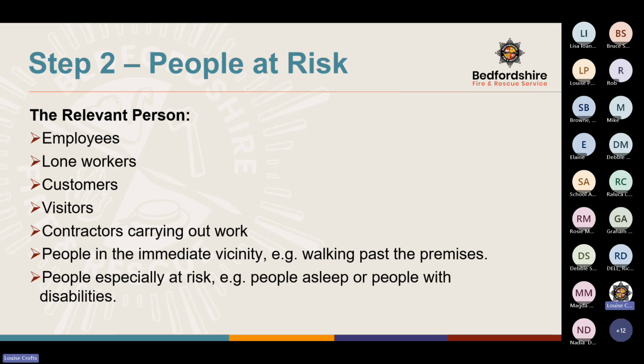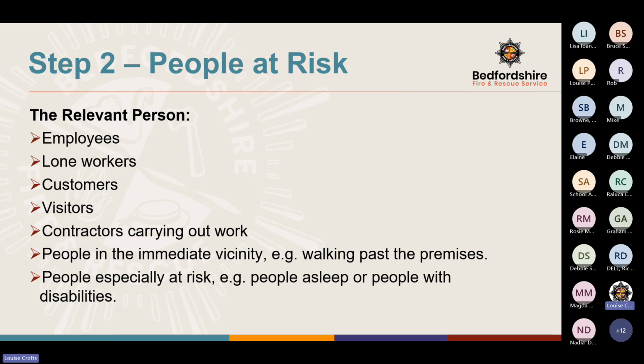And depending on the type of premises, it will be employees, lone workers. So, employees that perhaps work alone, or contractors that are coming in to carry out work. Customers. So if you have a shop, you've got customers. Visitors. So people that aren't familiar with the premises, visiting for a specific purpose. I've mentioned contractors.